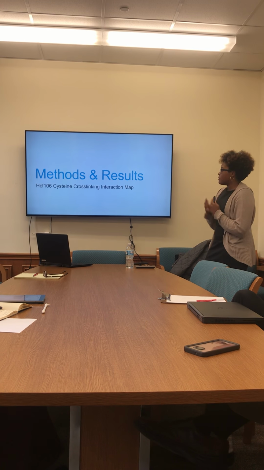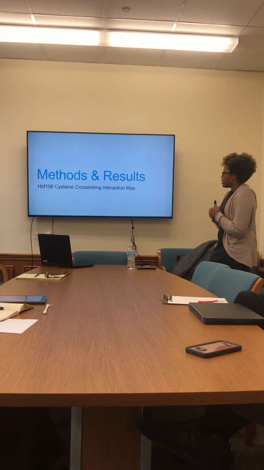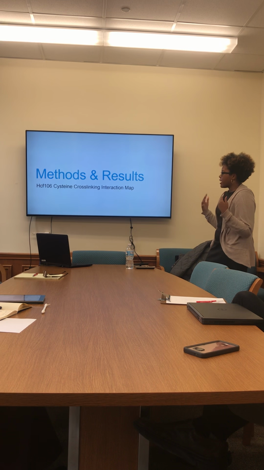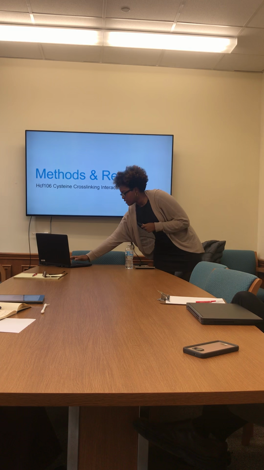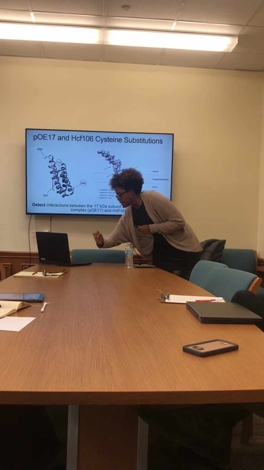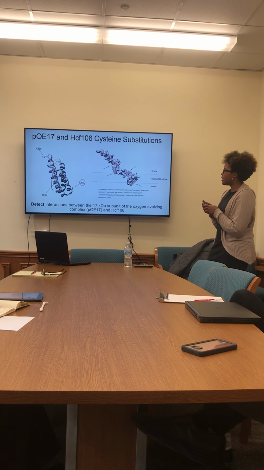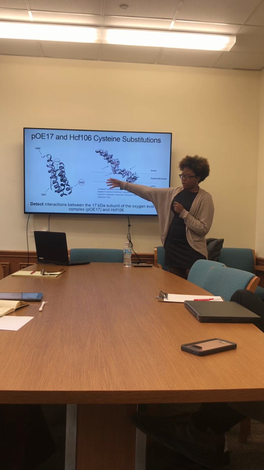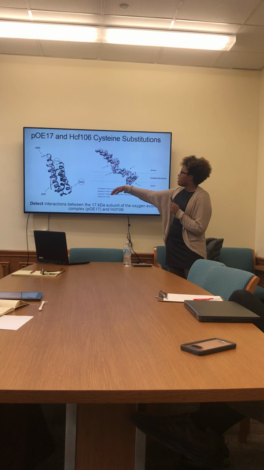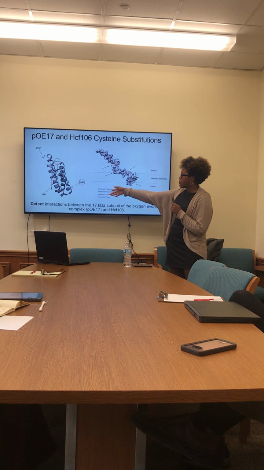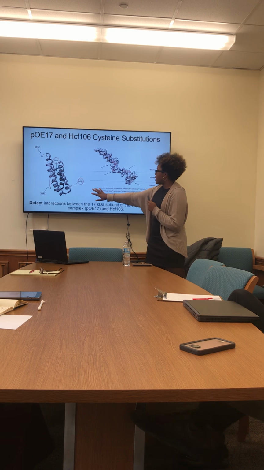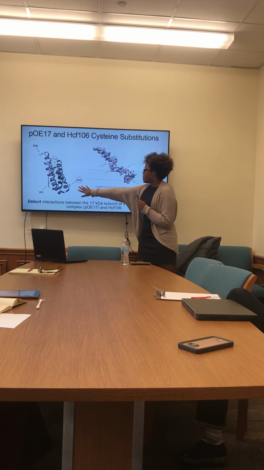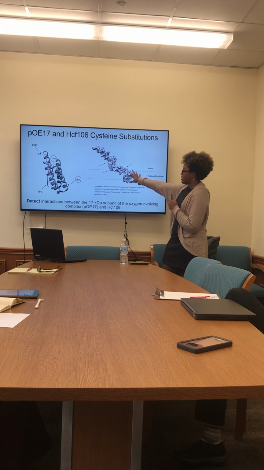So I used cysteine cross-linking to create an interaction map with HCF106 and one of the substrates of CPTAT. Right here on this side is oxygen evolving complex. It's involved in splitting water during photosynthesis. It's a CPTAT substrate, so I'm looking at interactions between oxygen evolving complex and HCF106.